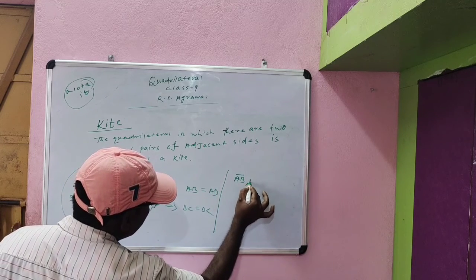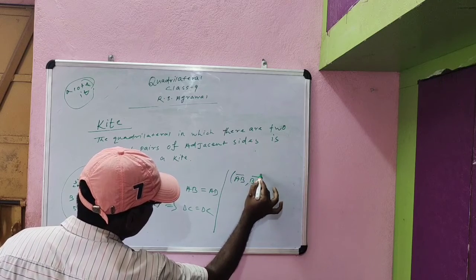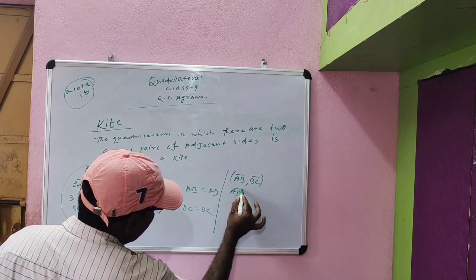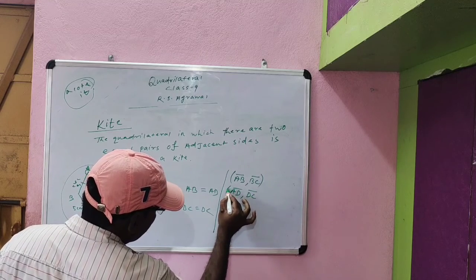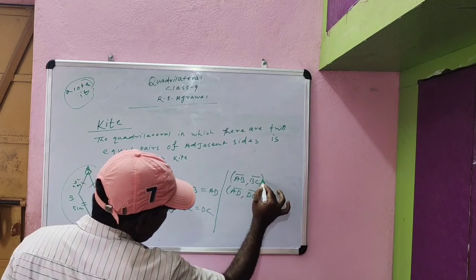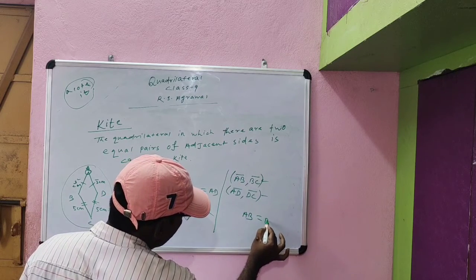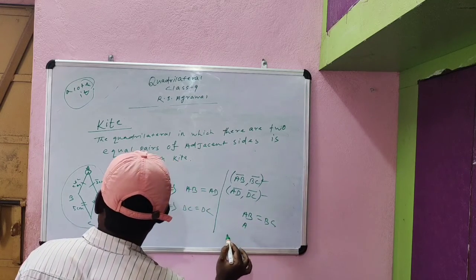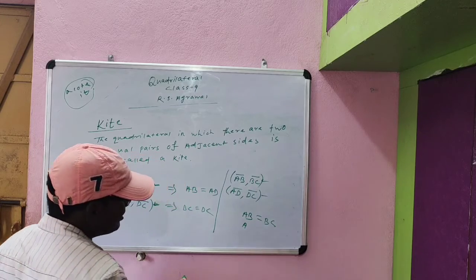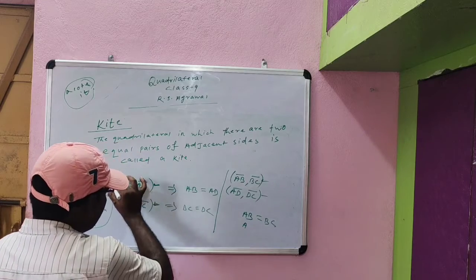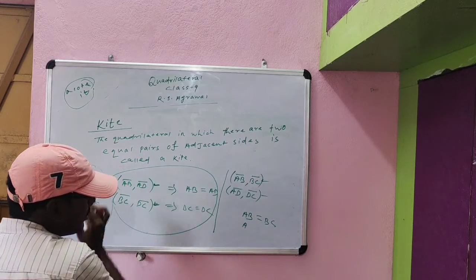AB, BC is one pair of adjacent sides, AD, DC is the other pair, and both pairs are also equal. This is the correct thing.